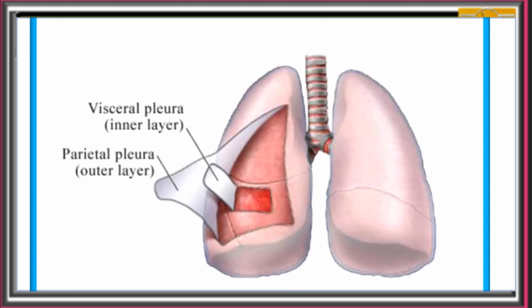From the view we have here, we're seeing those two layers. This is the inner layer, and then this is the outer layer. Now the pleura is lined by flattened or squamous epithelium, which is also called the mesothelium. This epithelium will secrete a watery lubricant, which will be serous in nature. It's a serous fluid.